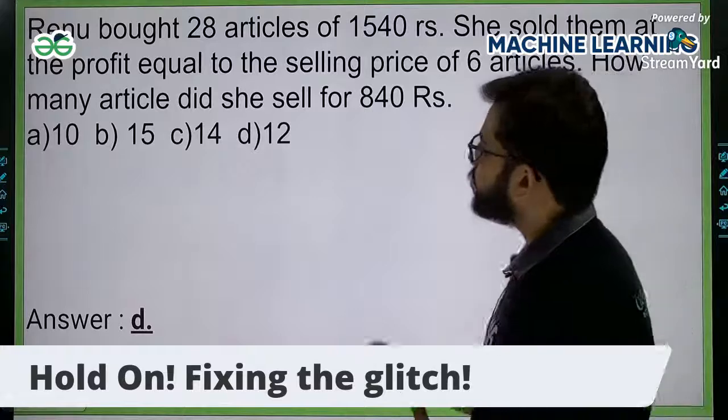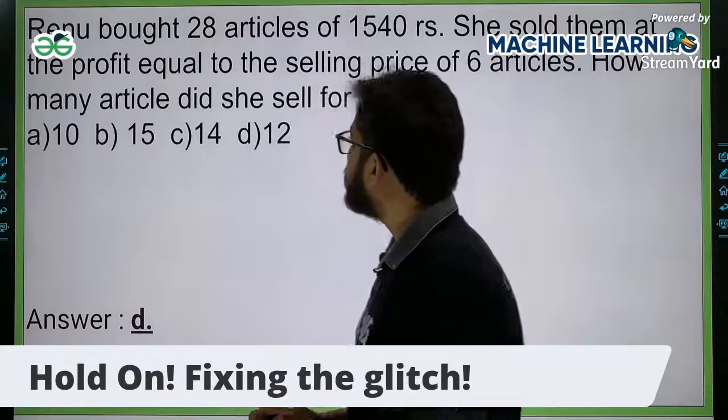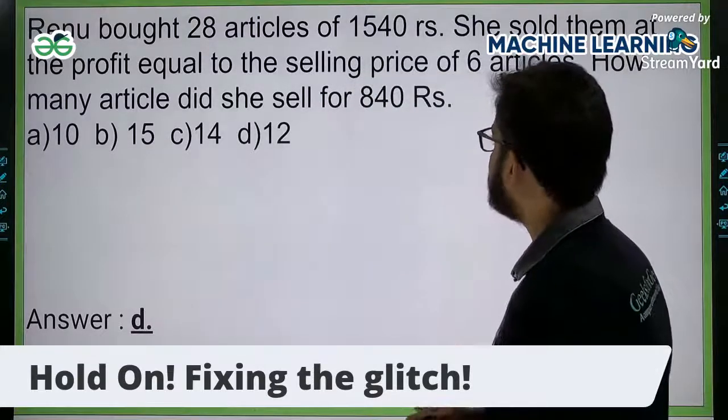This is a question of profit and loss. Renu bought 28 articles for 1540 rupees. Now you can see the question. Renu bought 28 articles for 1540 rupees.